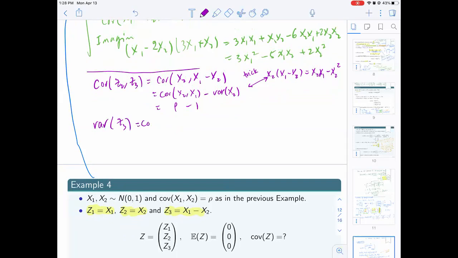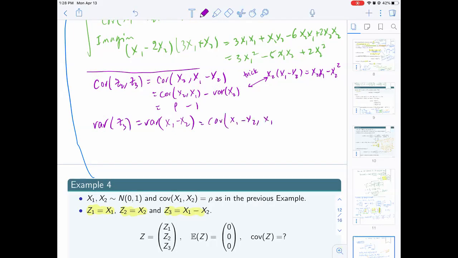Which is just the variance of X1 minus X2. How do you compute this? Let's say using the covariance idea I mentioned.